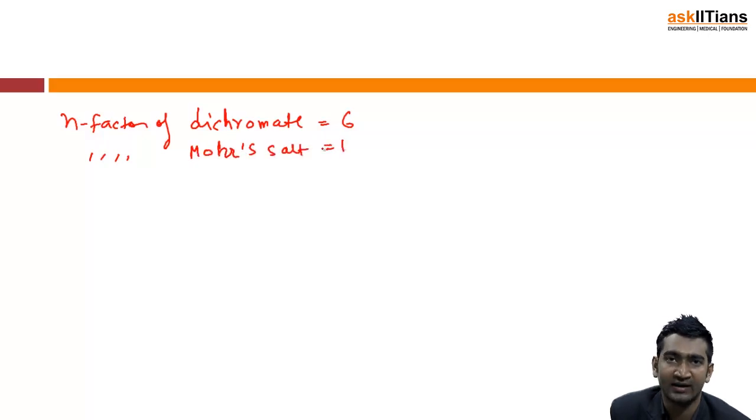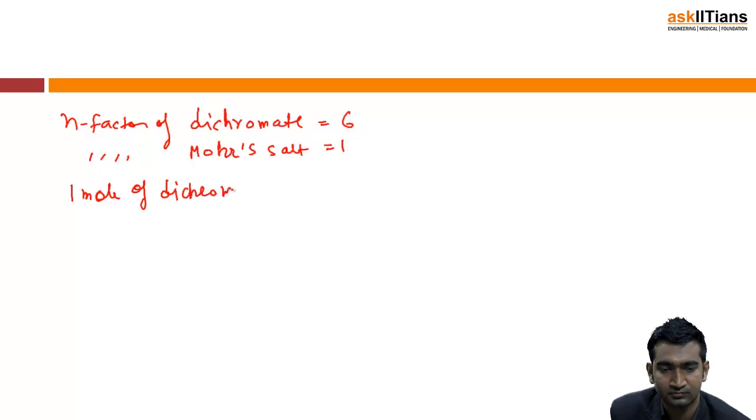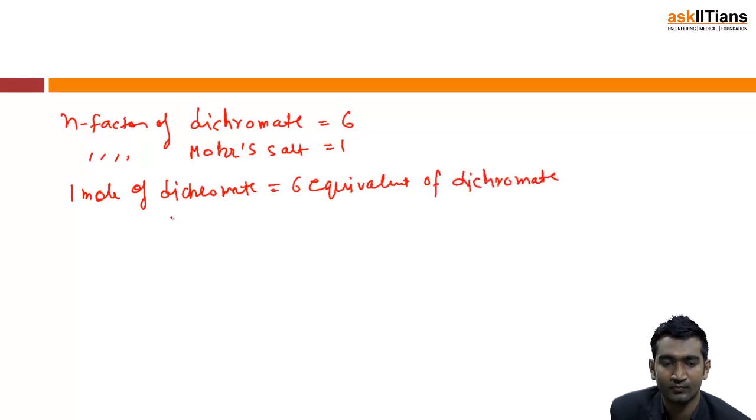Now 1 mole of dichromate will be equal to 6 equivalents of dichromate, because your n factor for dichromate is 6.